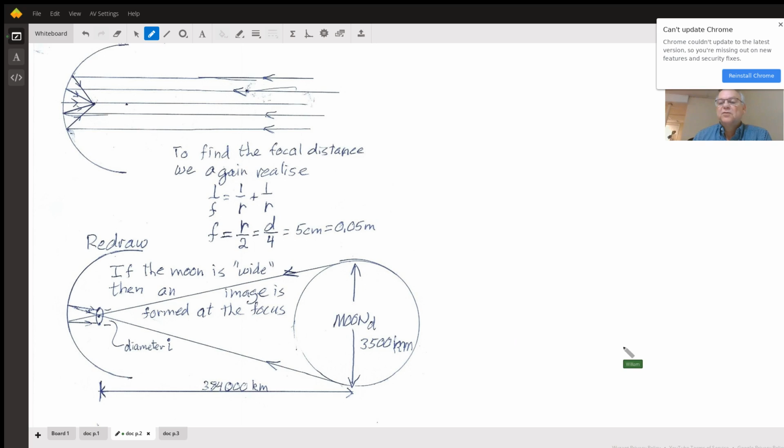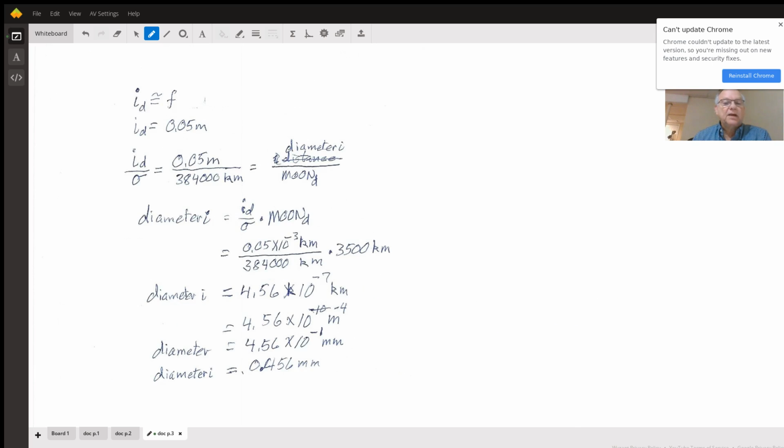So our position of the moon in the sphere is 0.05 meters from the back surface of the mirror. At this point, we can see that the image distance is approximately the focal length of the mirror. So the image distance is equal to 0.05 meters.